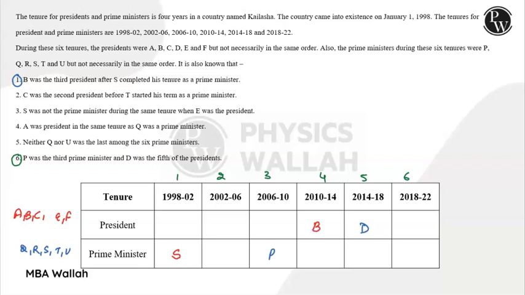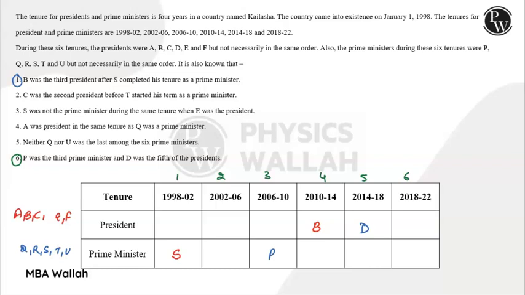So B will be here. If we try any other case, let's say S was the second prime minister, then 2 plus 3 is 5. The fifth president is already D, so this is not possible. There is not even one case possible other than S being the first prime minister and B being the fourth president. So this is the only possibility.